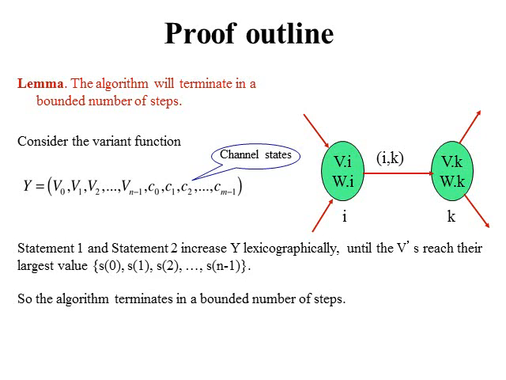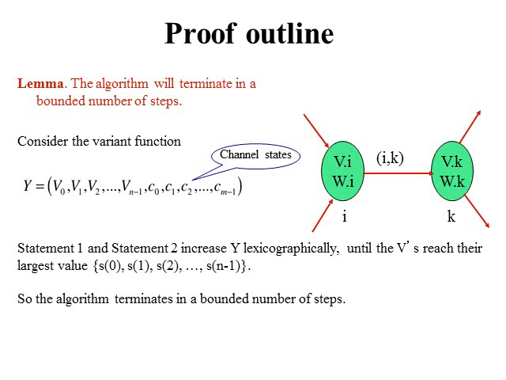So eventually, each of the V sets associated with the processes is going to reach its largest value, which consists of the states associated with all the processes in the system, S0, S1, S2, and so on till Sn minus 1. So each of the V's is going to contain the same set of states, S0 to Sn minus 1.